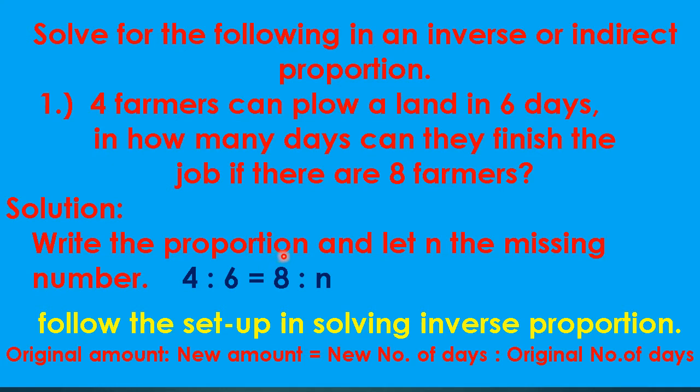In solving the value of n, we are going to follow the setup in solving inverse proportion. The setup is original amount is to new amount is equal to new number of days is to original number of days.